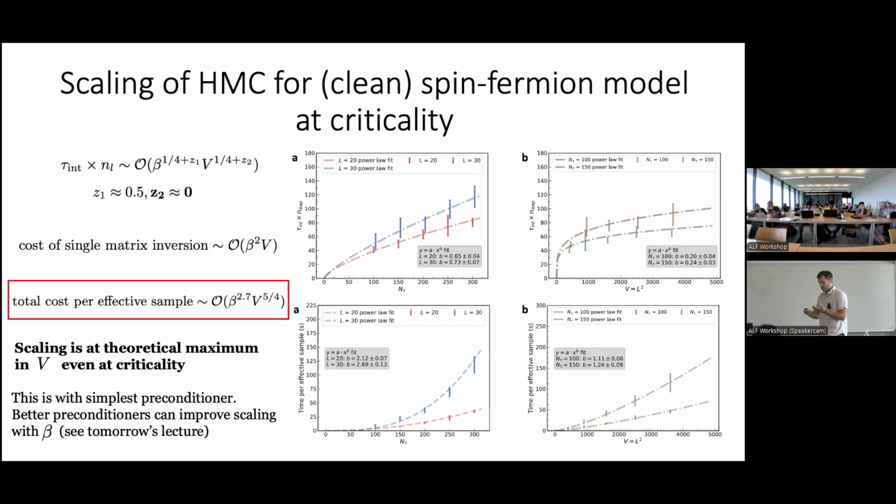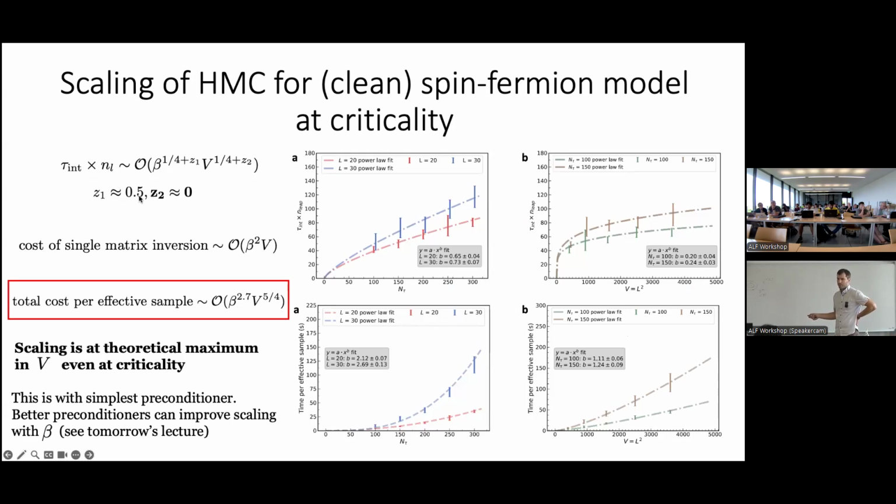But in terms of the actual performance of the method for these models, here again for the clean case, I'll show some results for the disordered case tomorrow. For the clean case, your effective sample cost is this, and what we get is that Z1 is 0.5 and Z2 is 0.